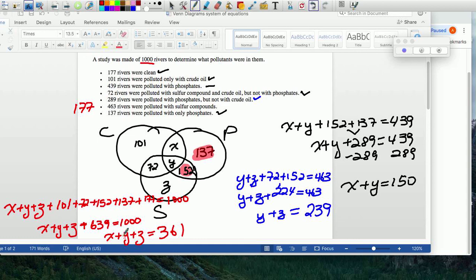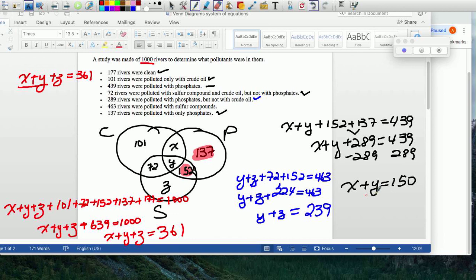So guess what? From this equation at the bottom, x plus y plus z, guys, hopefully you remember the 177. So let me take this equation right here, the red one. If I write that x plus y plus z equals 361, I can replace these two.